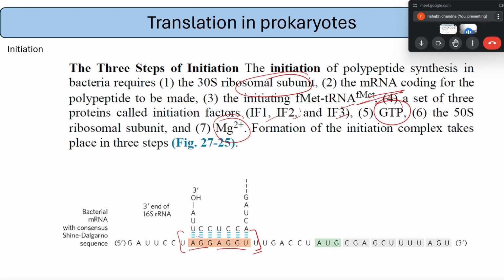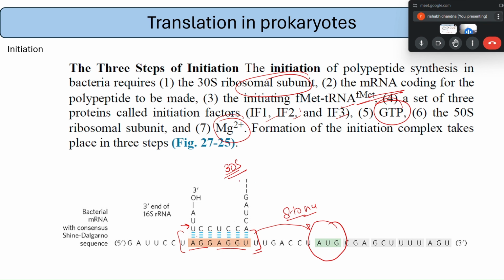So this sequence is recognized by the 16S rRNA, due to which the 30S ribosome subunit lands on the mRNA. Okay, so the 30S subunit first recognizes the Shine-Dalgarno sequence, and after 8 to 10 nucleotides from this sequence, the first codon is there.